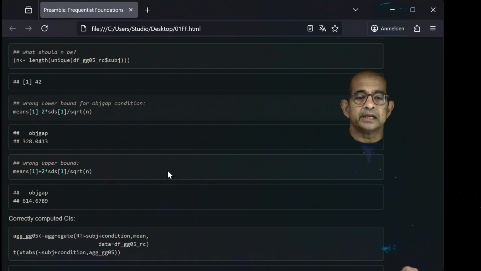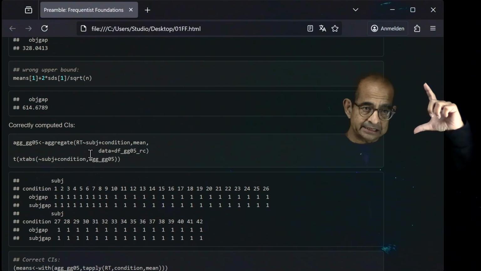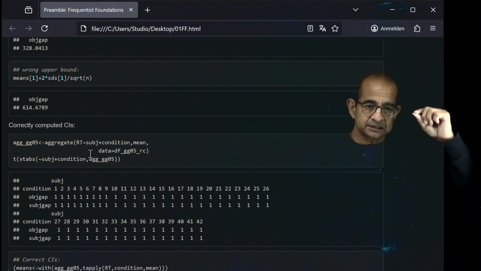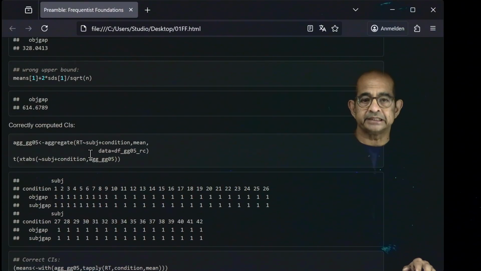The way to do that would be to first aggregate the data such that I have those 8 data points that I have from each subject in each condition. Those 8 data points are compressed to an average data point for each condition, so that for each subject in each condition, now I have only one data point, which is the average of those 8 data points.